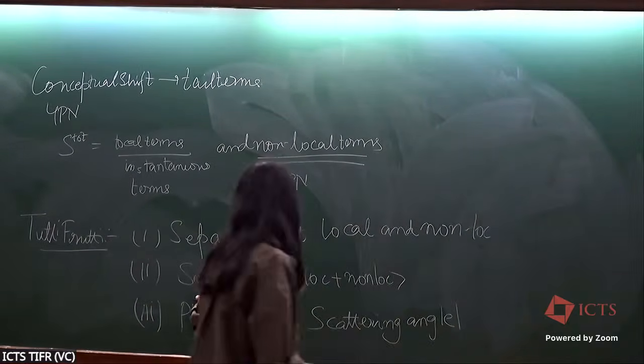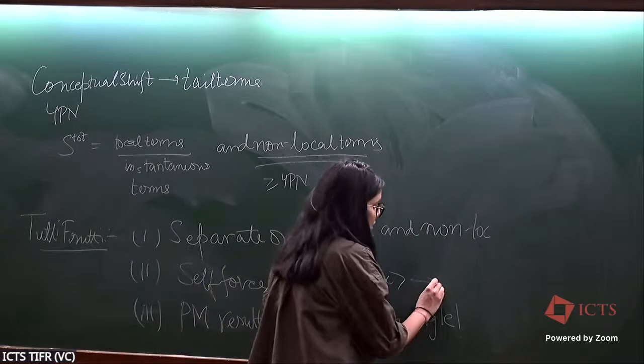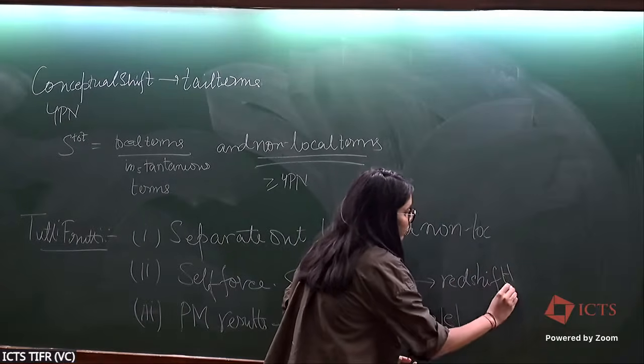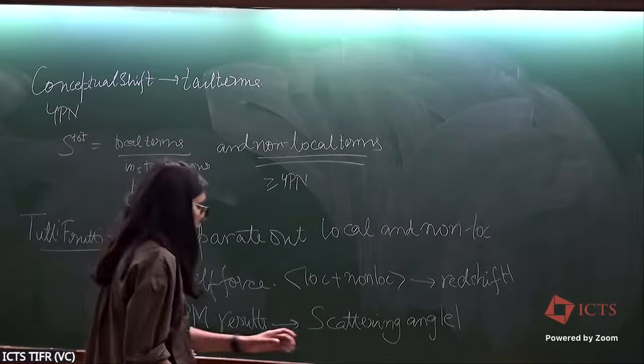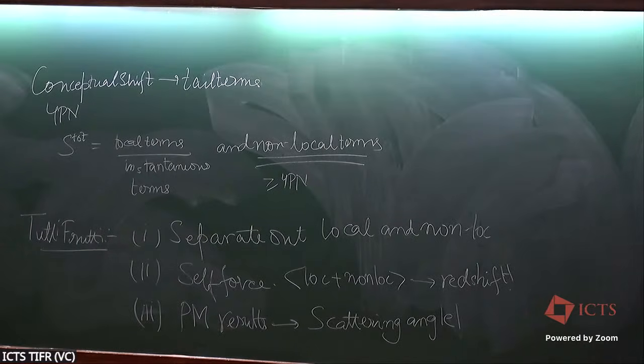And for self-force, the gauge invariant variable is the redshift. And this, I think you haven't covered in this series of lectures. And now we want to do this thing.